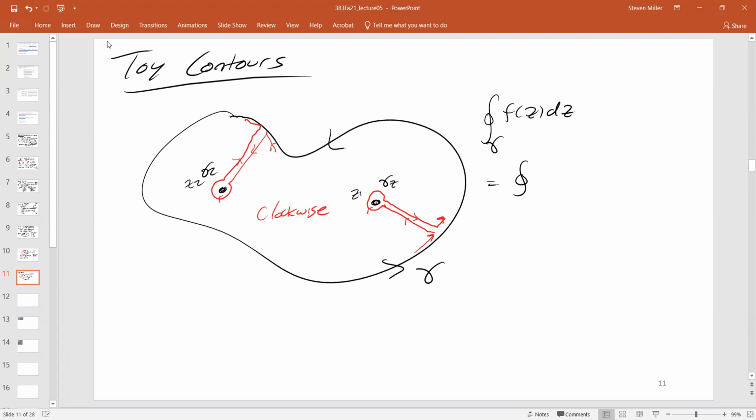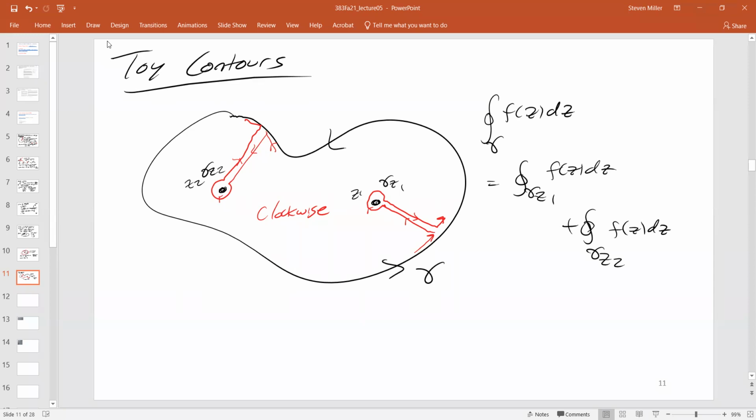It would be the integral over gamma z1 of f of z dz plus the integral over gamma z2 of f of z dz. And if we had more points where it blows up, we would just have more things like that.